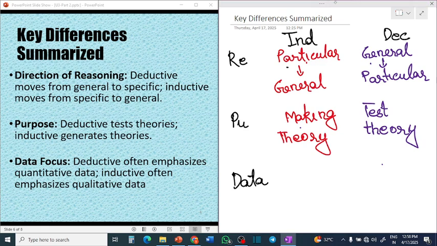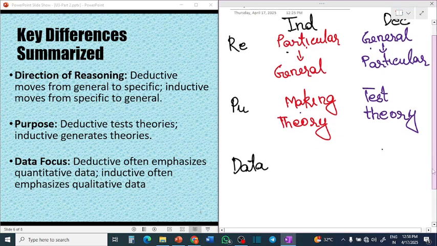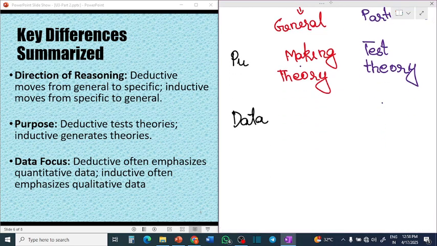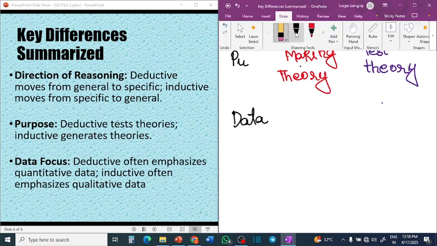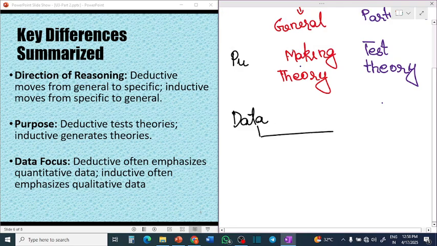Now, first of all, we have to understand that there are two types of data. Data is the information that we collect, and it can be of two types. One is qualitative, and the other one is quantitative.